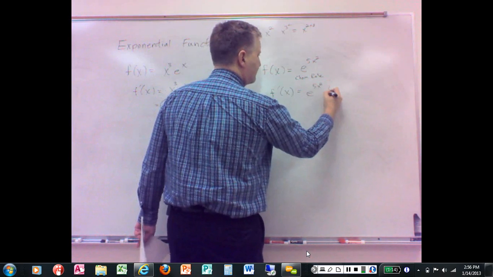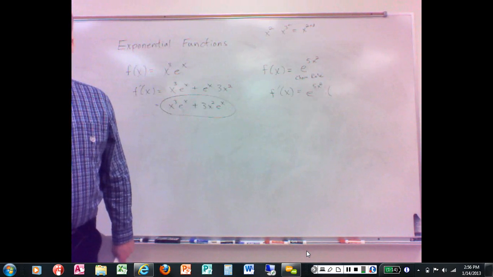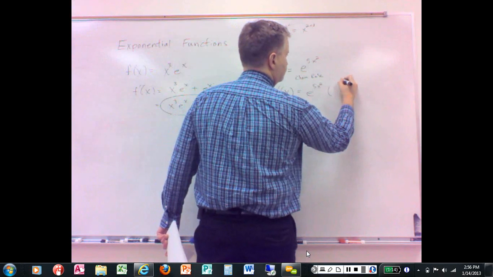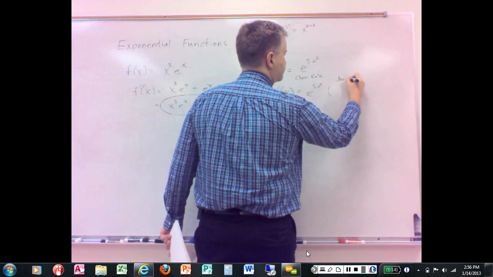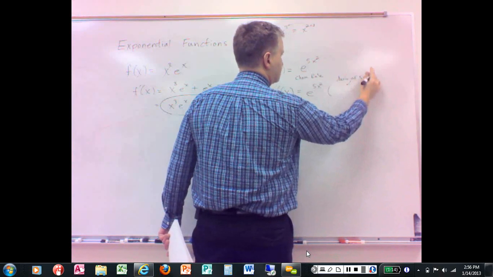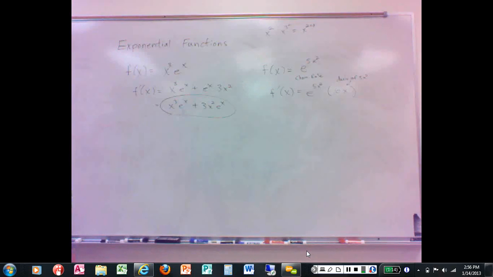However, what do I have to multiply by? The derivative of the 5x squared, the power itself, which is 10x. So it's going to be e to the 5x squared times 10x. Because it's like the power chain rule.